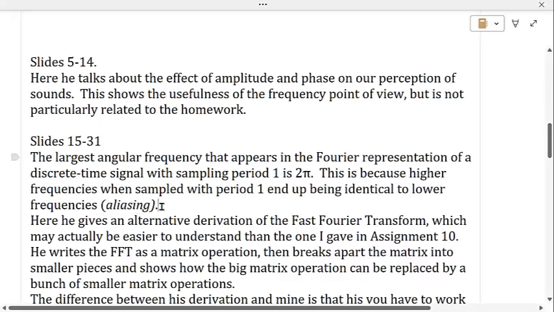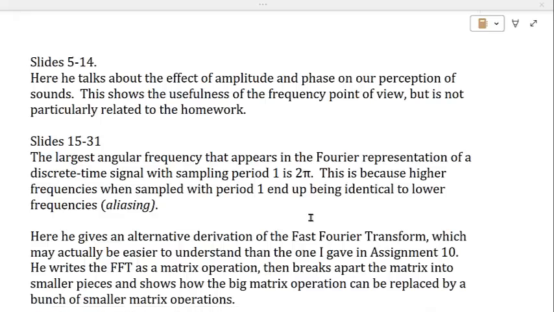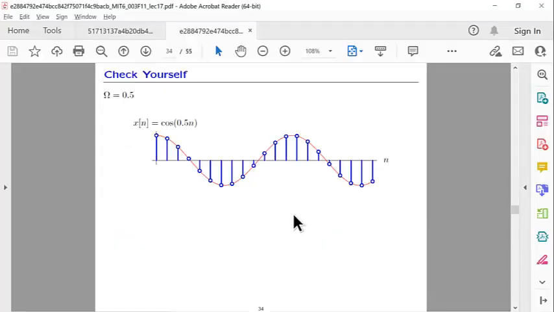You can look back at the previous lecture, where he gives some examples of aliasing. For instance, right here is a low frequency signal. As you can see, this is a discrete time signal, so it appears as spikes. This is cosine of 0.5 n. Remember that typically it's cosine of omega t, or capital omega n.